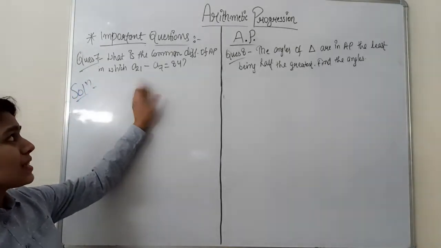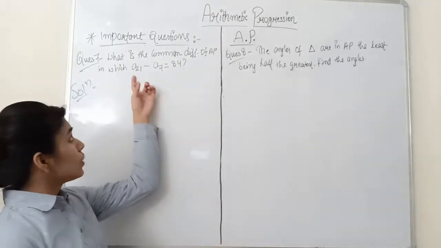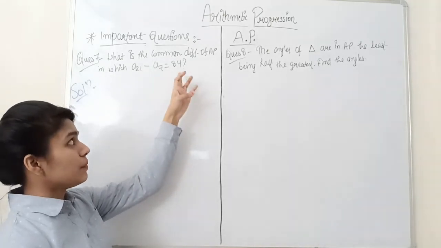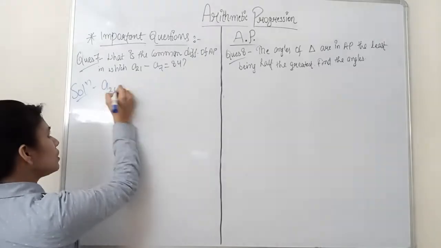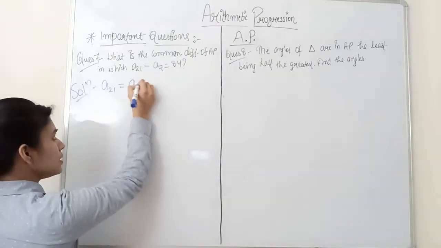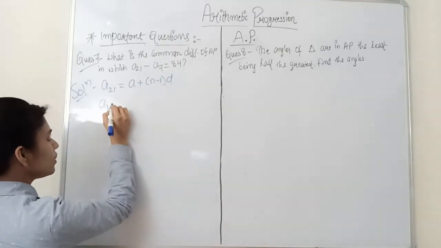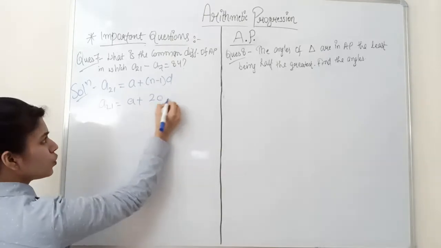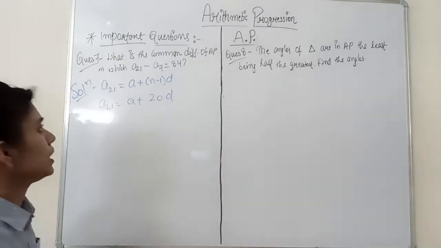A21 minus A7, the values of n are given. The 21st term minus the 7th term of an AP is equal to 84. So A21 will be A plus n minus 1 into D. A21 will be A plus 21 minus 1, which is 20. So A21 is A plus 20D.